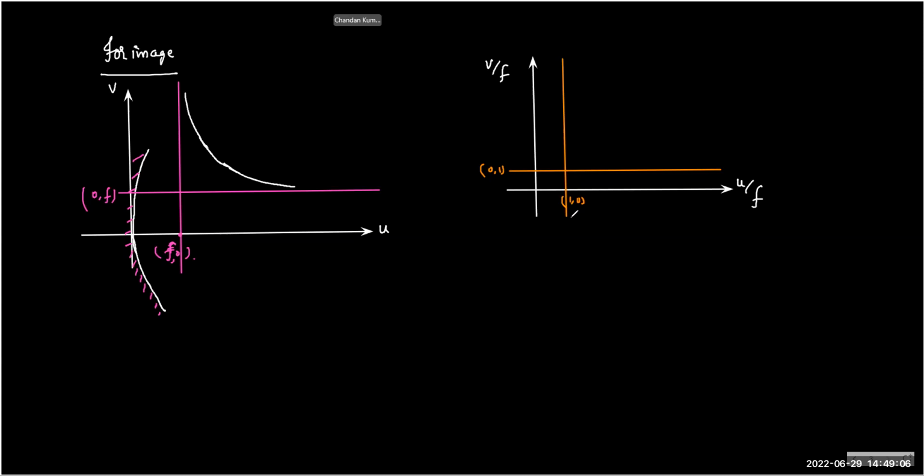It's like I'm dividing every coordinate by f. That's it. And this is only for the real image. Okay, so I hope this is clear. Similarly, we can plot it for the other case.